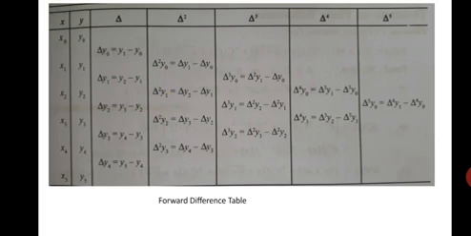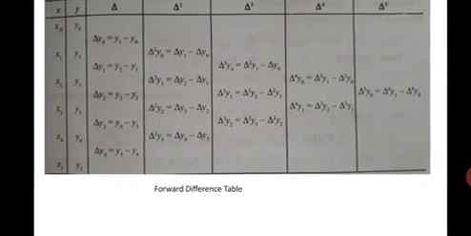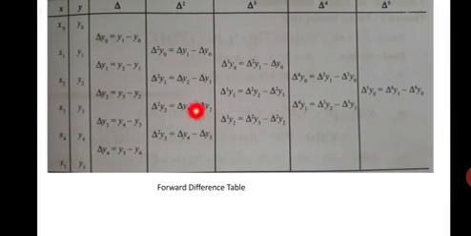If you take the difference of delta of y3 minus delta of y2, it will give you the delta square of y2. Similarly, if you go for the difference of delta of y4 minus delta of y3, you can see it here, right? If you take the difference of these two, we are going to get delta square of y3.